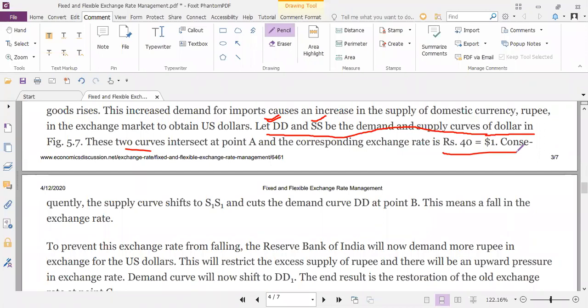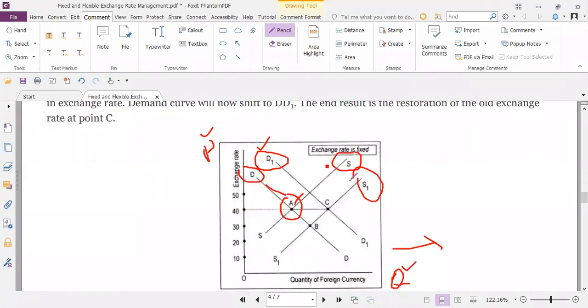Consequently, the supply curve shifts to S1. So now if there is a change in the supply, then the curve of supply will also change. Now we shall see this in the graph.